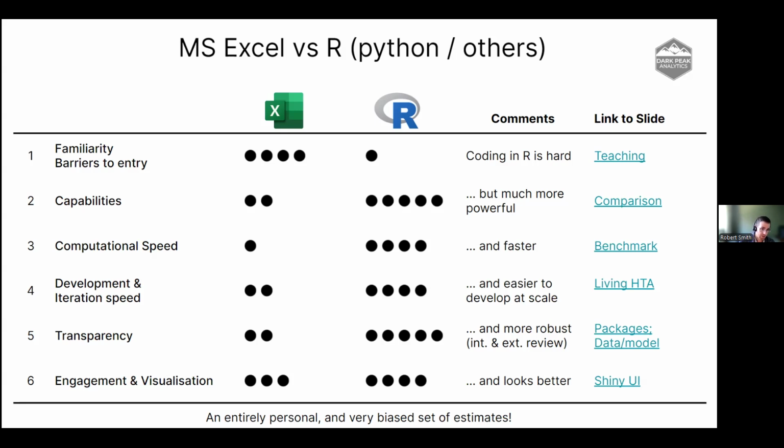It also helps with development, and the way in which, once people get well versed with the R programming language, it's much easier to develop and work together on projects using version control software. And it's also easier to make the code transparent, separate from the data.